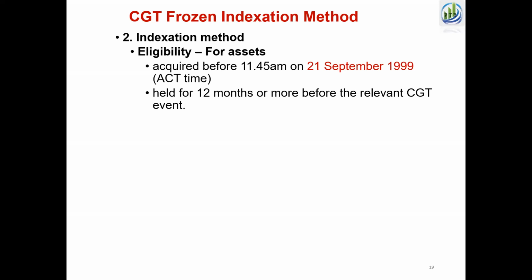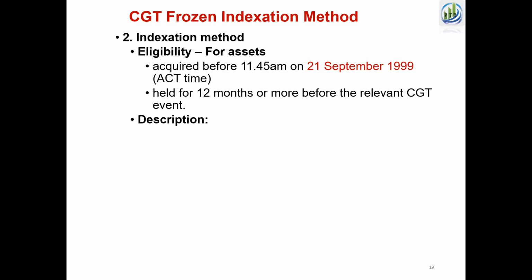Condition number one, the asset should be acquired or purchased before 21st September 1999. Second condition, you must hold that asset more than 12 months. If you satisfy both conditions, you can use the indexation method, right?